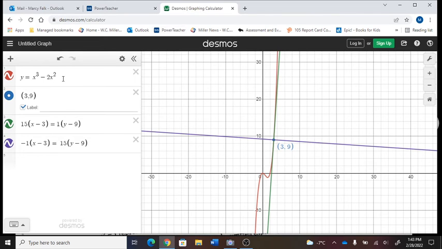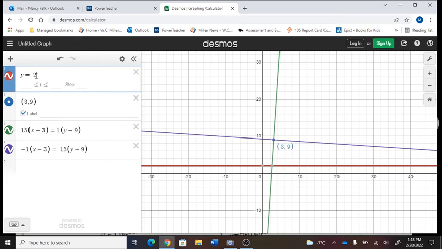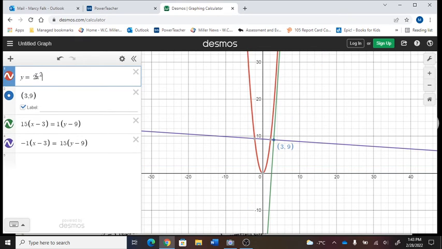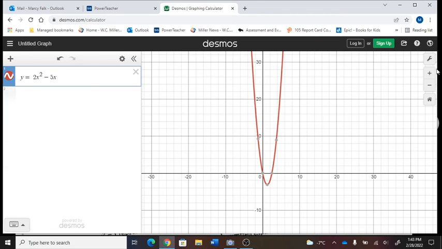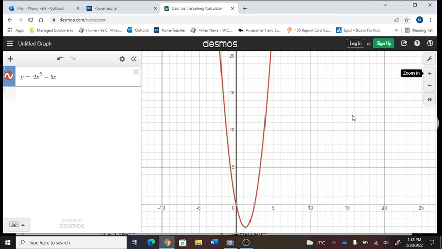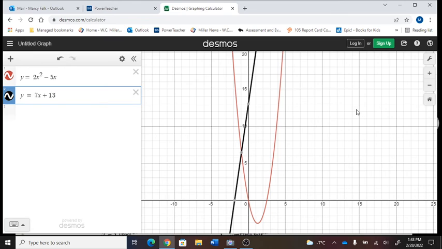Okay, so I'm just going to show you here what was all going on. This one will be a better visual, I think. So 2x squared minus 5x. So we have a parabola. Okay, that's what that is. Then you had the line y equals 7x plus 13. So you had this black line.